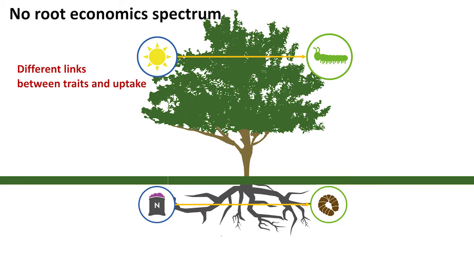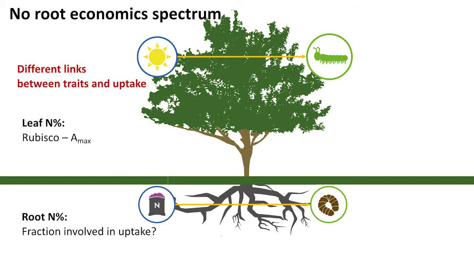The first one, and I think it's already been mentioned briefly in Etienne's talk, is that the links between functional traits and actual functioning, or uptake in this case, are very different above and below ground. And nitrogen content is a very clear example. Leaf nitrogen content has been found in general to be a good proxy of photosynthetic capacity, simply because a large part of the leaf nitrogen is stored in rubisco, which directly controls photosynthetic capacity.